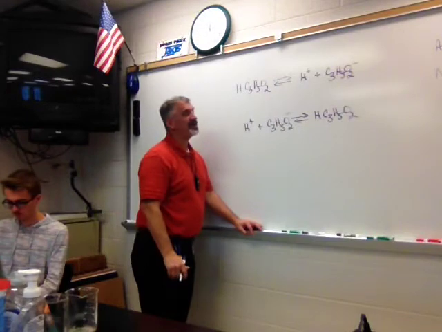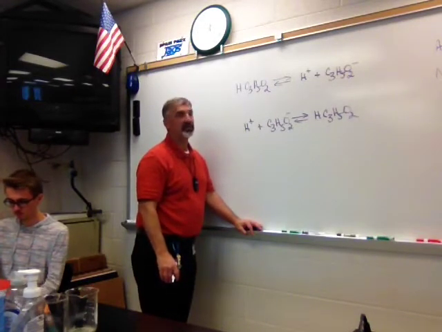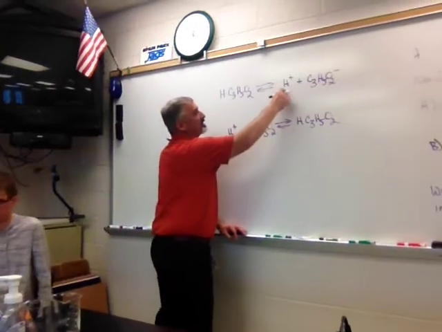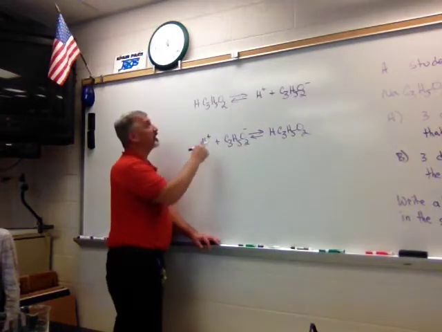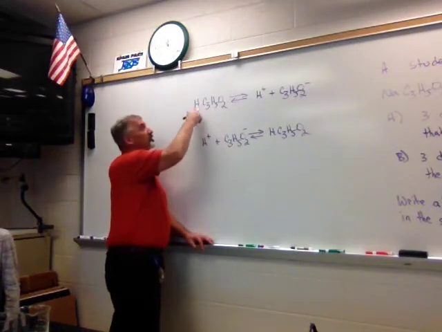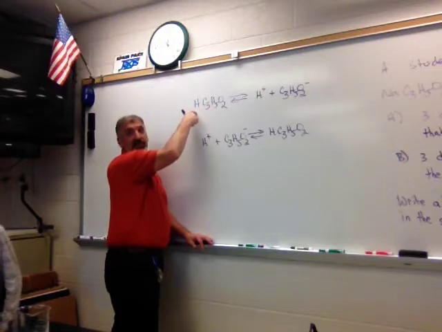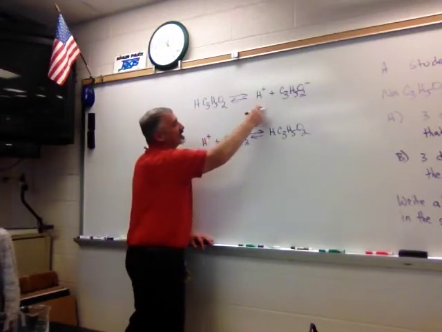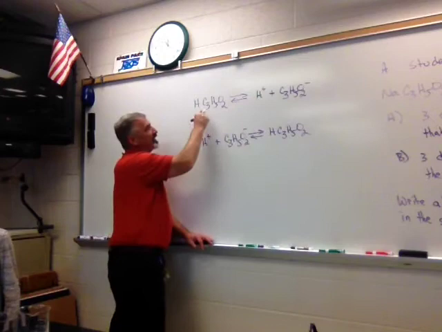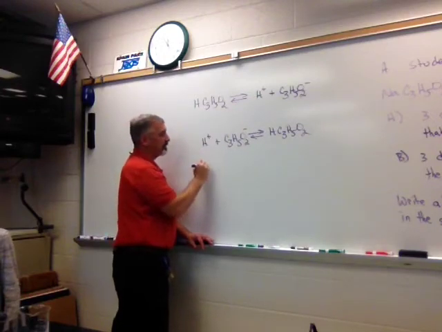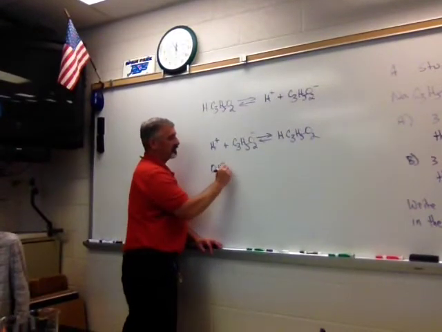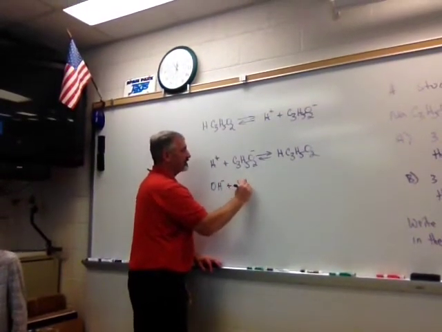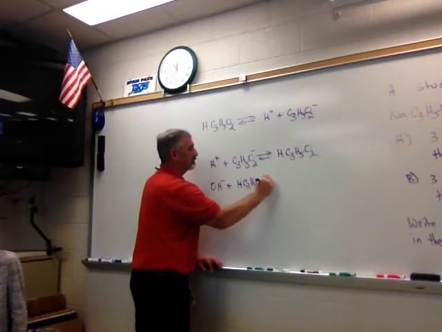But if it's a base, if I add in some NaOH, what's the NaOH going to react with? Technically it's going to react with this, pull it out, and force it to the right, correct? But when we want to write the equation, it's really going to be pulling this one off. I like to think of it like this, but when we have to write a reaction, it's going to be OH minus, again, we don't need the Na part from the NaOH, reacting with the HC3H5O2.